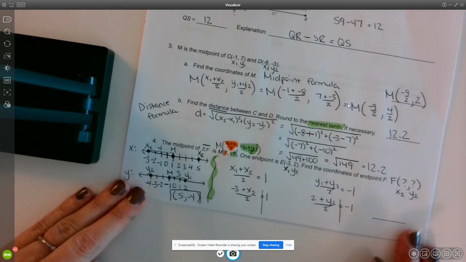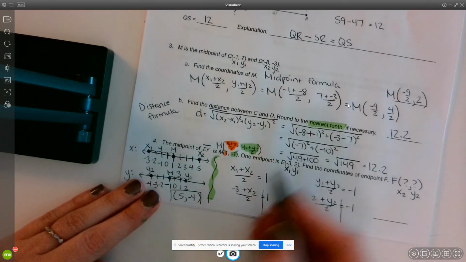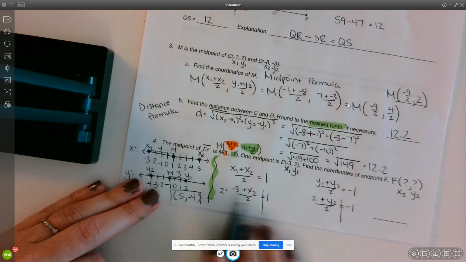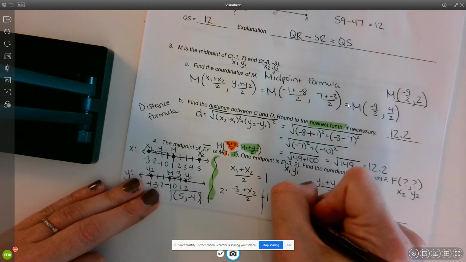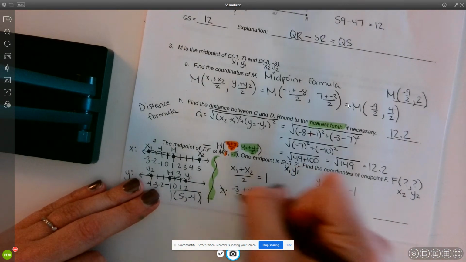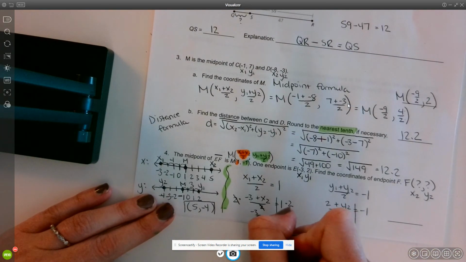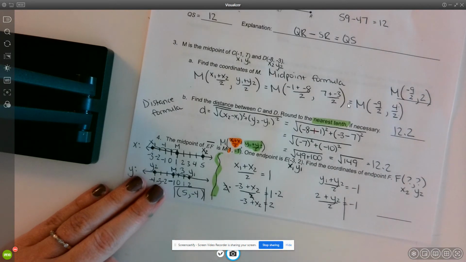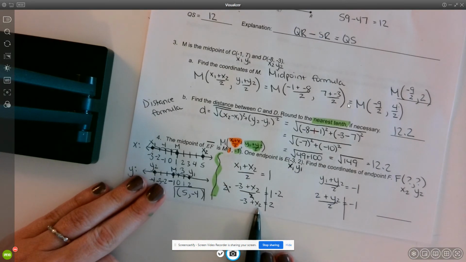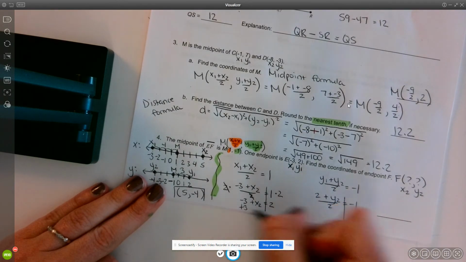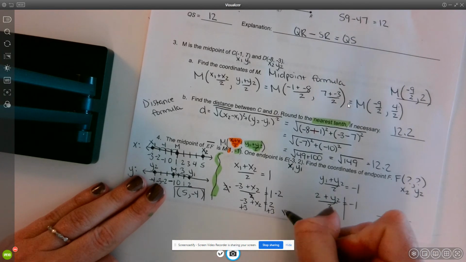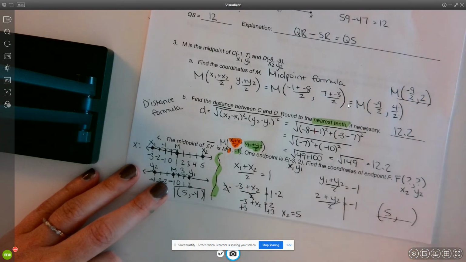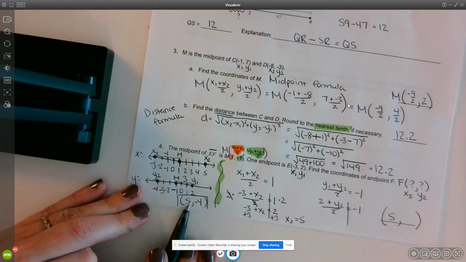Remember, my first step is to get rid of the denominator by multiplying by 2. Whatever I do to one side, I need to do to the other. I'm almost there. To get x2 alone, I need to add 3 to both sides. And I see x2 is equal to 5, which is what we got using the number line method.